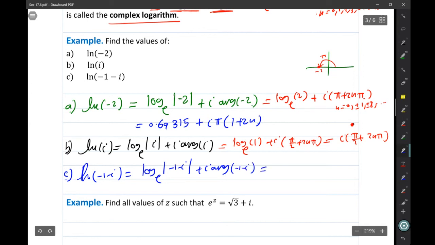Now the absolute value of -1 minus i is the square root of 2, with base e, plus i times the argument of -1 minus i, which is -3 pi over 4. -1 on the x axis, and minus i will be here somewhere.